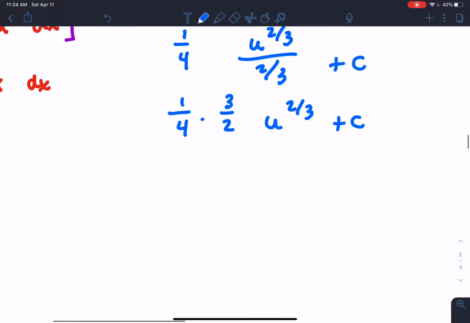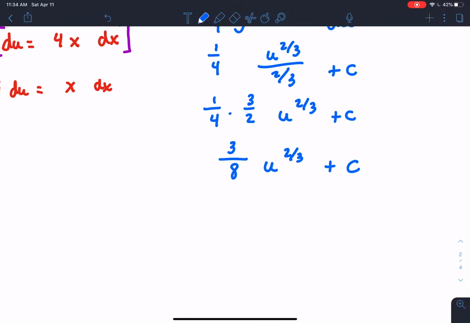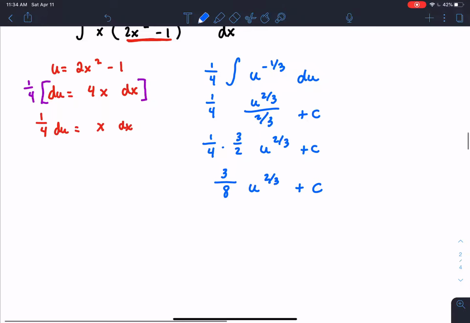So if I multiply my fractions here, this is going to give me 3/8 u to the 2/3 plus c. And then the last thing that I have to do is plug the u term back in. So this is 3/8 2x squared minus 1 to the 2/3 plus c.